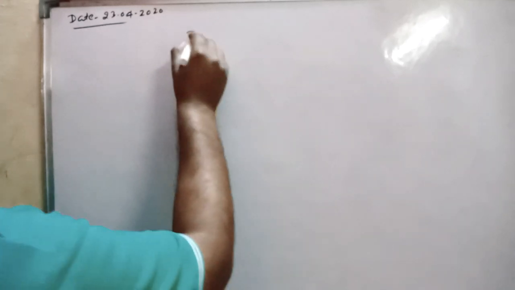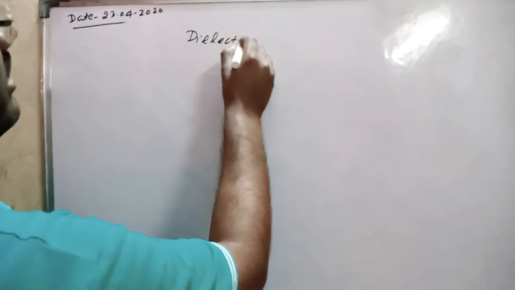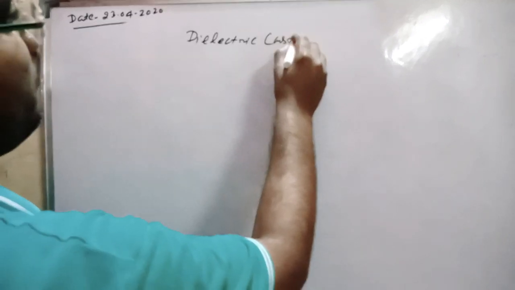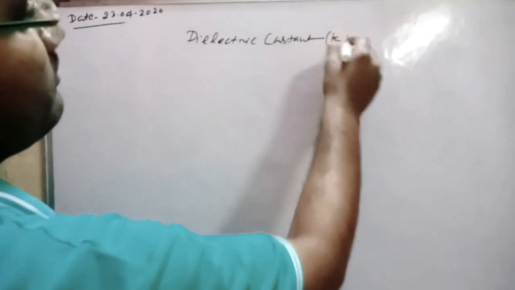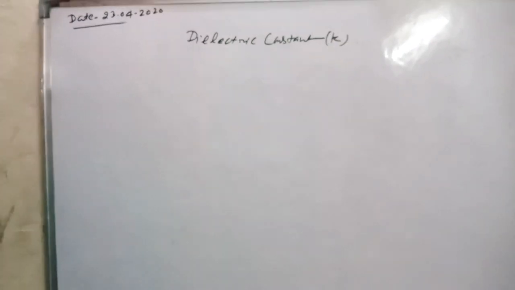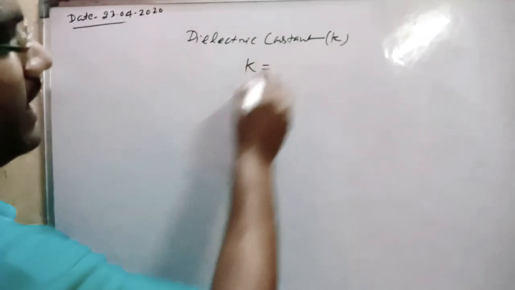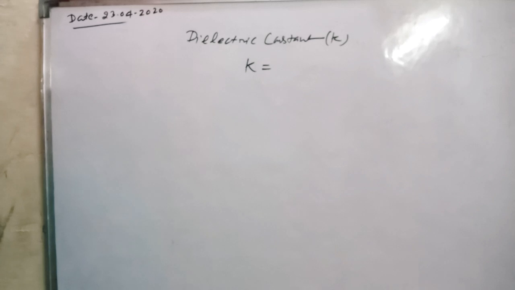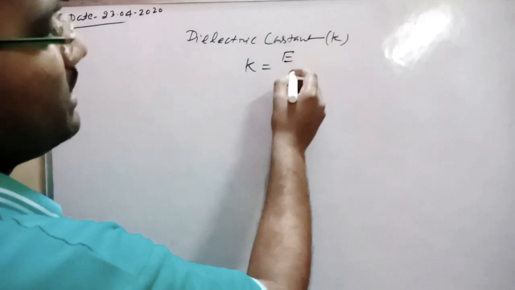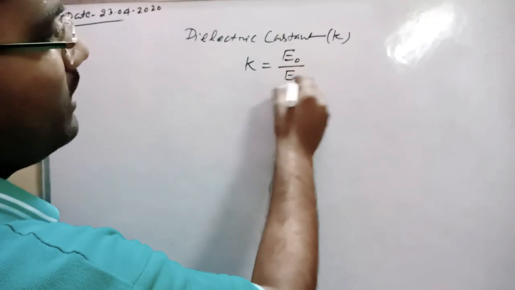So now here we study dielectric constant K. Dielectric constant K is defined as the ratio of electric field intensity in vacuum to electric field intensity in medium. That means E naught divided by E.